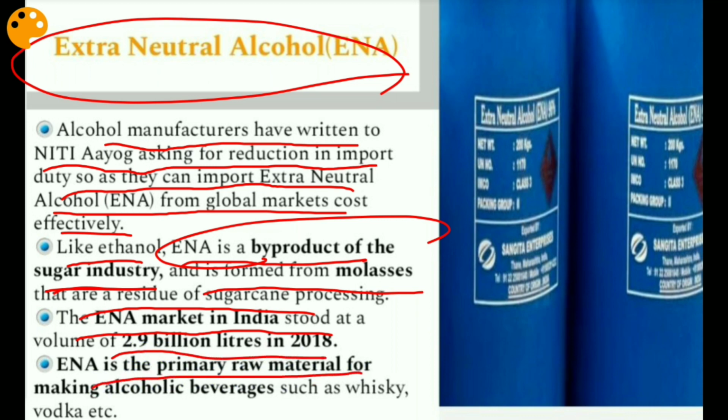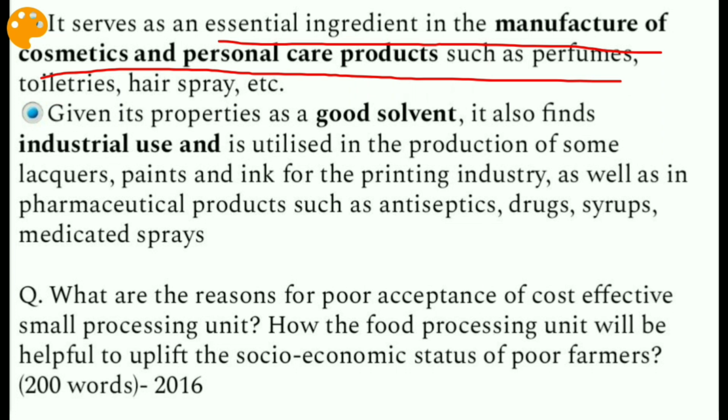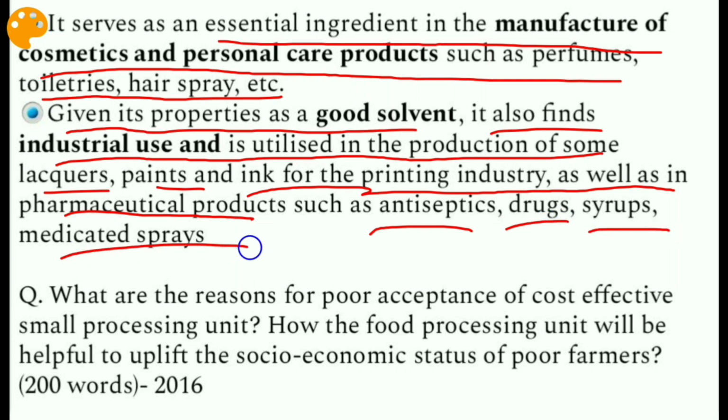ENA is the primary raw material for making alcoholic beverages such as whiskey, vodka, etc. It also serves as an essential ingredient in the manufacture of cosmetics and personal care products such as perfumes, toiletries, hairspray, etc. Given its properties as a good solvent, it also finds industrial use and is utilized in the production of some lacquers, paints, and ink for the printing industry, as well as in pharmaceutical products such as antiseptics, drugs, syrups, medicated sprays, etc.